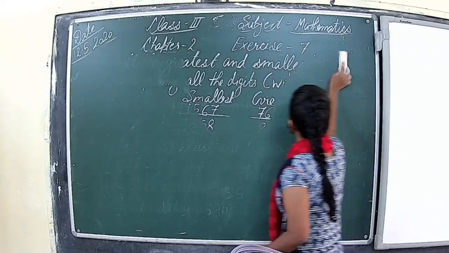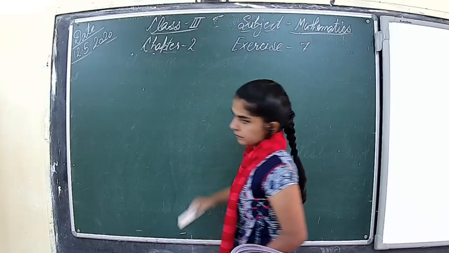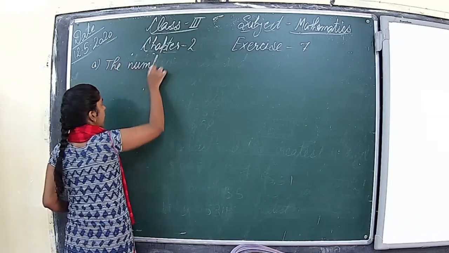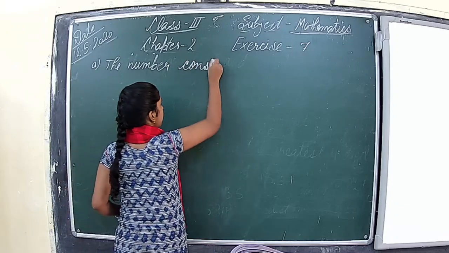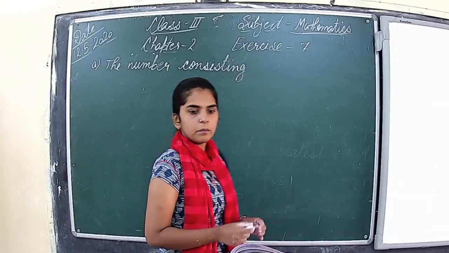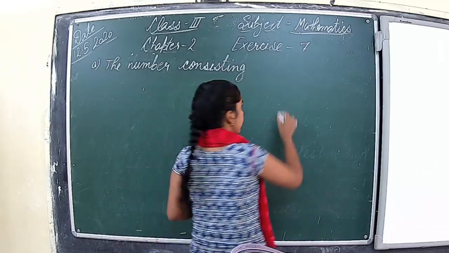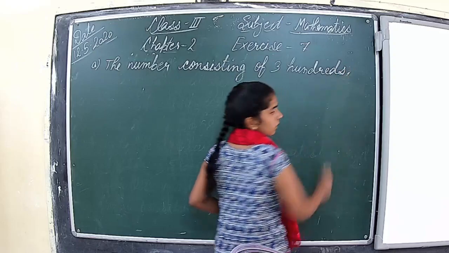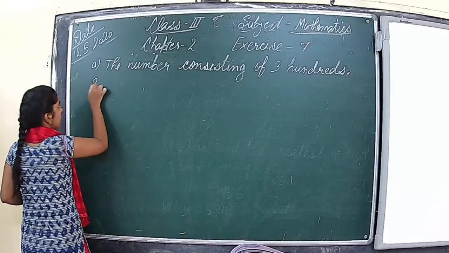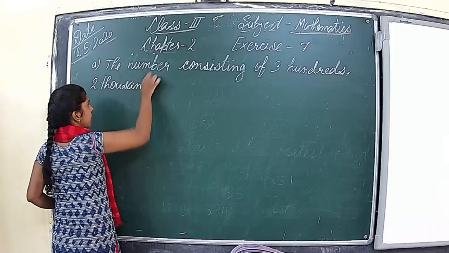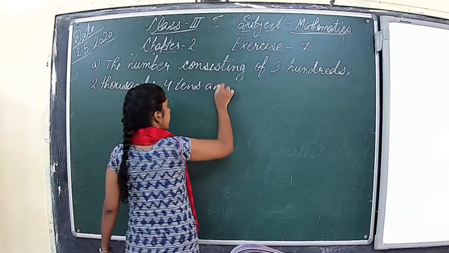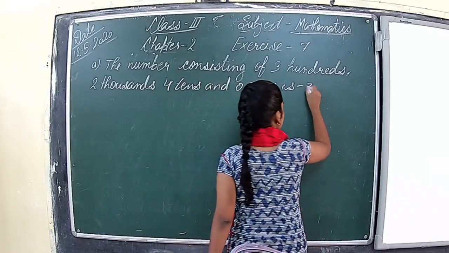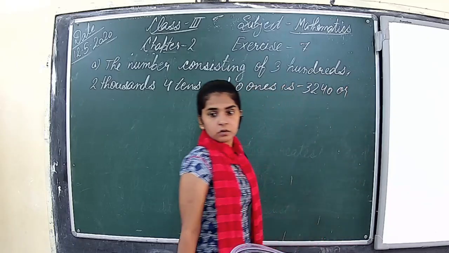Some oral questions are there. See, the number consisting of 300, 2000, 4 tens and 0 ones is, options are 3240 or 2340.